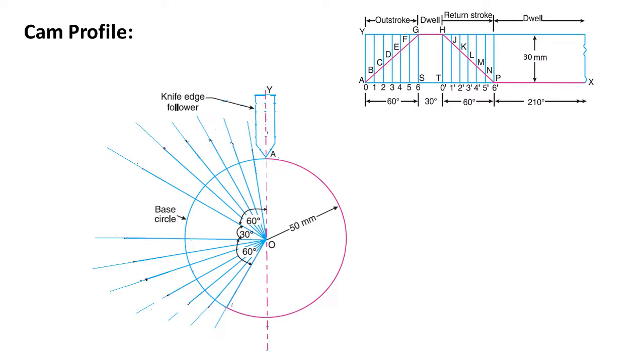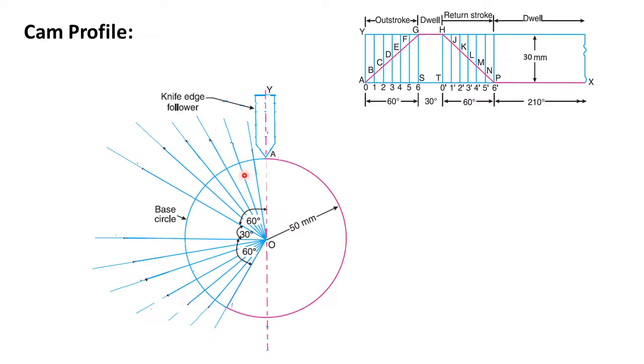Next, keep your protractor here again and divide this 60 degrees into 6 equal parts. So mark 10 degrees each time.